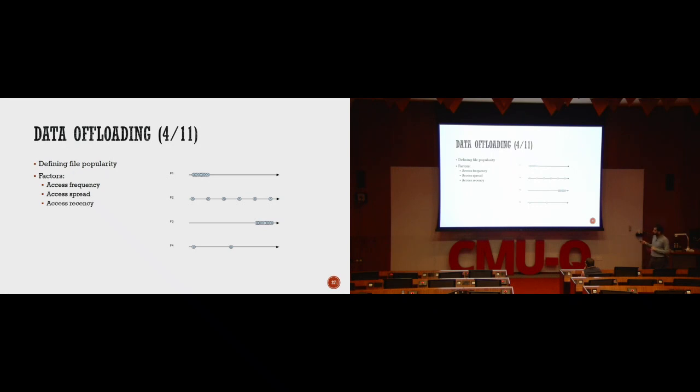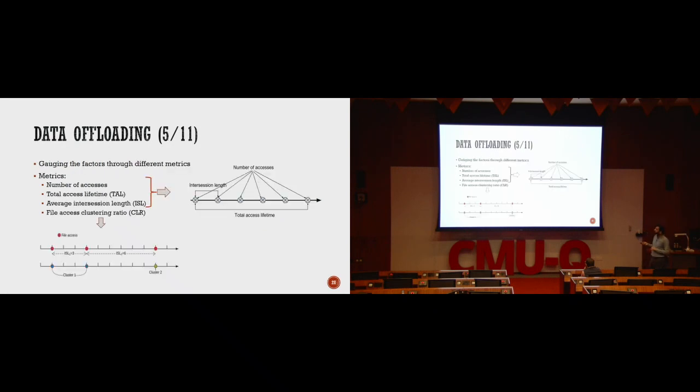These factors are actually gauged through these 4 metrics. How many times your files are accessed? What is the distance between every consecutive access, in terms of time? And the total lifetime of that file. The file lasted, for example, 6 months, 1 year, or 1 month.